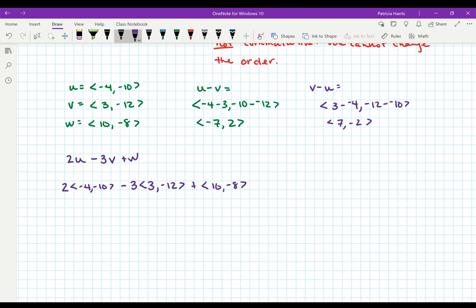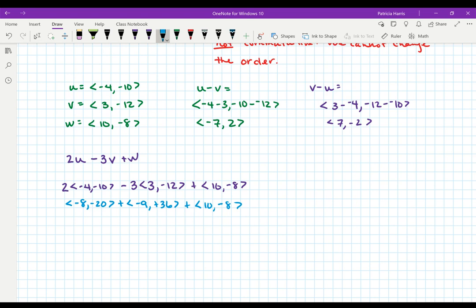So this is going to become negative 8, negative 20. Now if you distribute the negative 3 in, this is going to change to an addition. So I'm going to go ahead and distribute that negative 3 in to make it a little bit easier. So negative 9, positive 36, and there's my w.